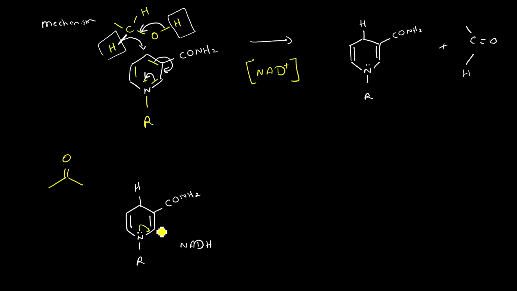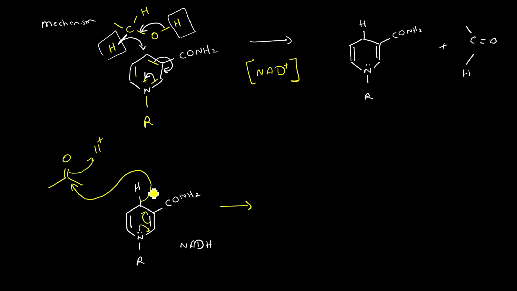Because of that, this carbon will become unstable. So this double bond will move here. Because of that, this carbon is going to be unstable. So this particular bond will donate its electron density towards our carbonyl center. With that, this pi bond is going to be broken. It will donate its electron density towards a proton. Now we have our structure.